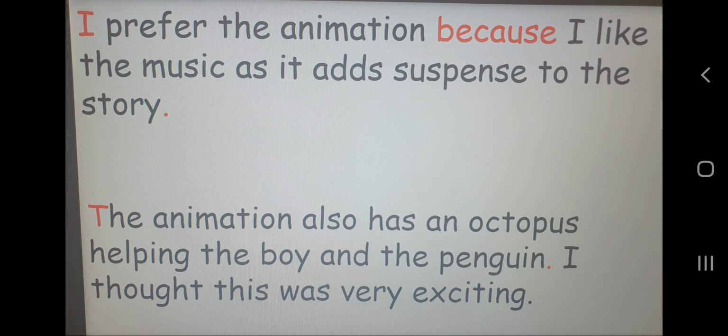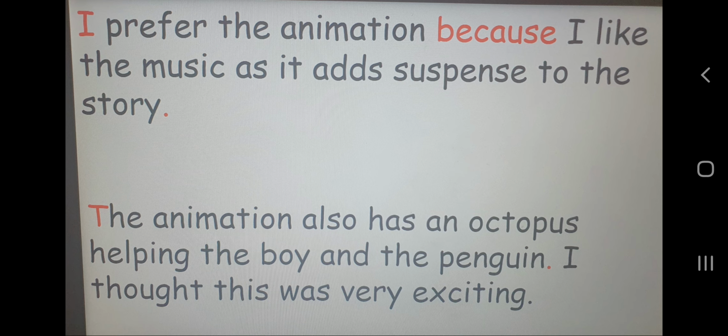Can you see that in my sentence I have started with I prefer? That sounds much better than I like. I like is a little bit boring. The animation also has an octopus helping the boy and the penguin. I thought this was very exciting.